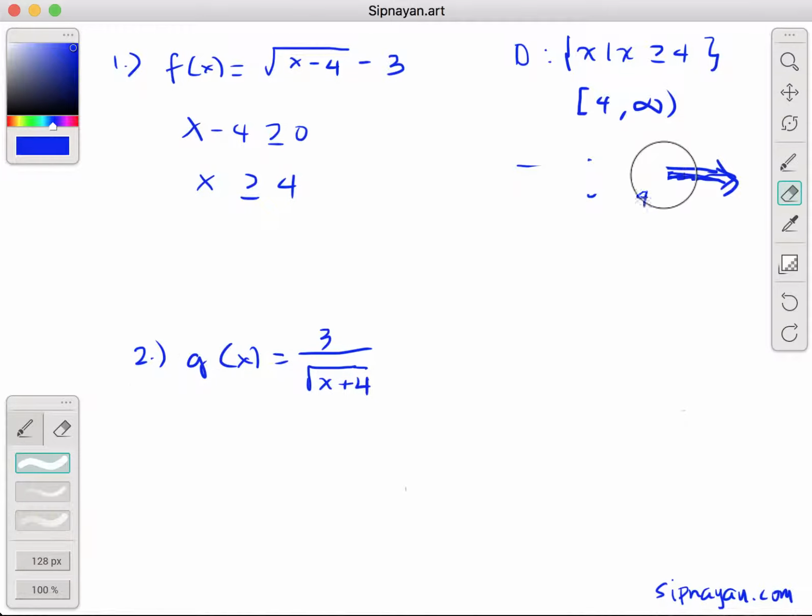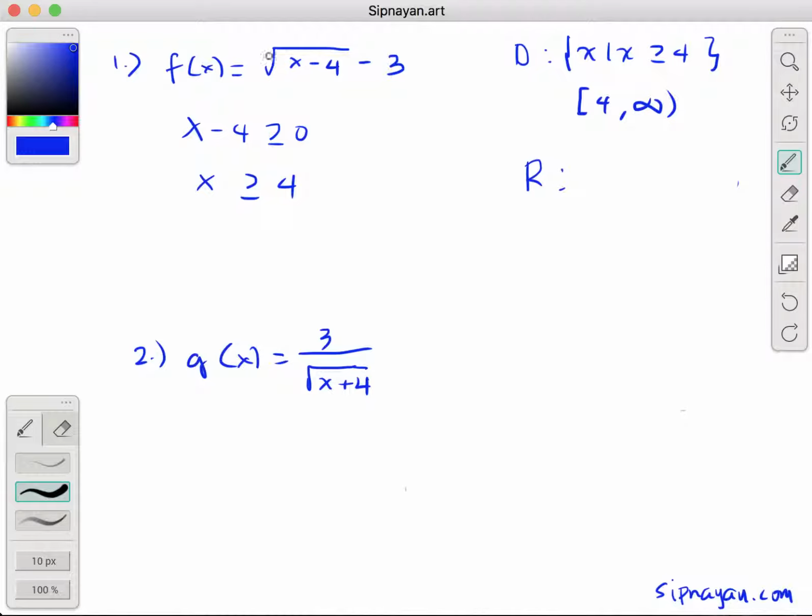Okay? Now, yung range. Kung ang domain ay set of possible values of x that makes the function defined, yung range naman is the set of y values, no? Resulting from substituting the domain to x. So, sabi natin hindi tayo pwede mag-negative dito sa expression na to.